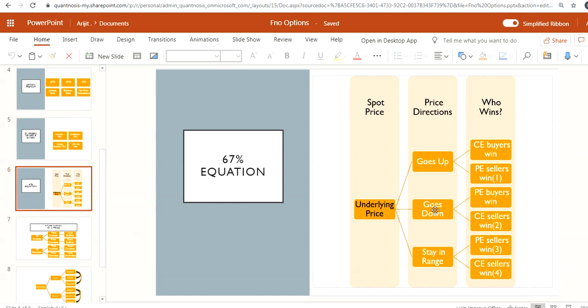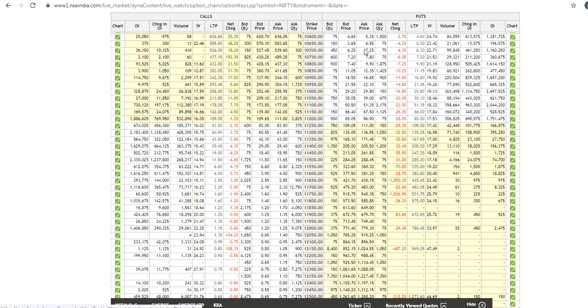If price goes down, then the put option buyer wins or the call option seller wins. If price goes below 11,200, the person who bought the 11,200 put has a contract that goes in the money, and hence he will make a profit.